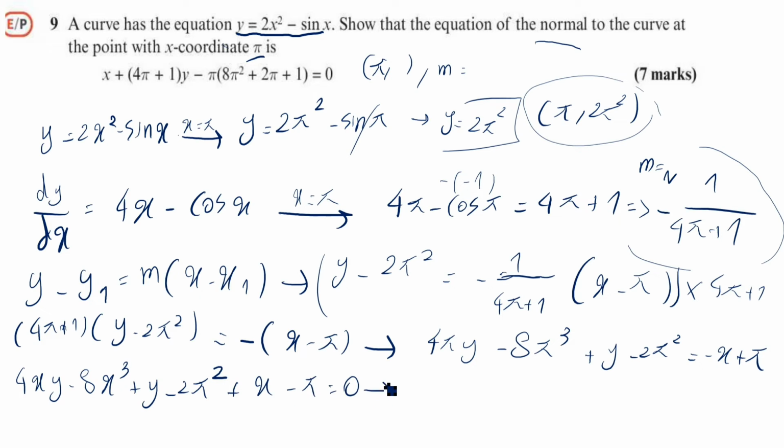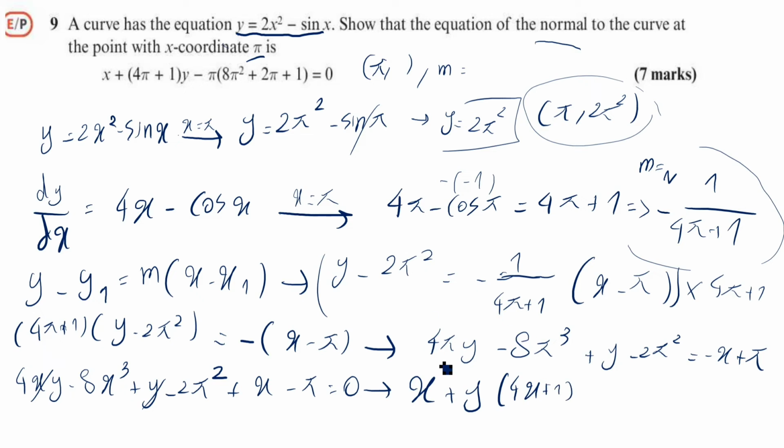And now we need to do factorizing, and we can use the final answer to guide our factorization. So we just write x, and also by using this we can now factorize y. So it's going to be 4 pi, because this is 4 pi y, and also we have a y here, so it's going to be plus 1.